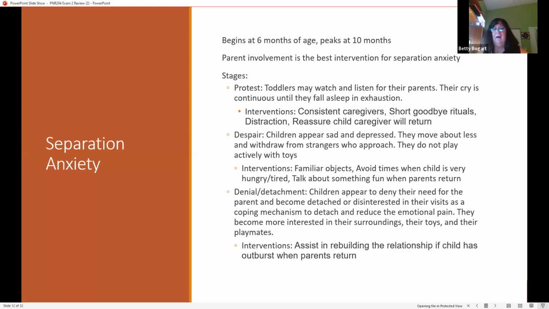Now, despair is the next stage. They've gone through this exhaustion, crying. Well, now they're sad. This is when they tend to go and regress, okay? They are withdrawn, they don't play, sometimes sucking their finger, they don't want to be bothered, okay? What do you do? Well, again, what are those toys, that blanket, is it in there? What's the favorite juice?